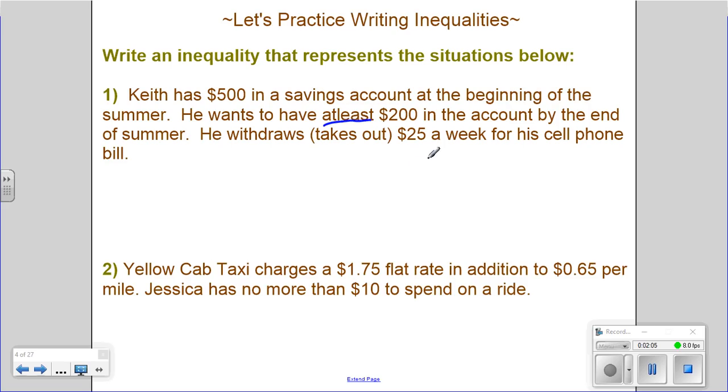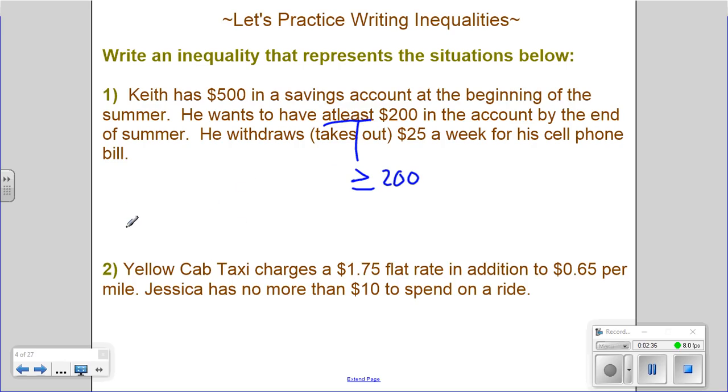So he wants to have at least $200. That means he could have $200 or more. So again, at least means we're going to use the greater than or equal to sign. And he wants at least $200 in his account. So again, he can have more than 200 or equal to 200, but he doesn't want less than that.